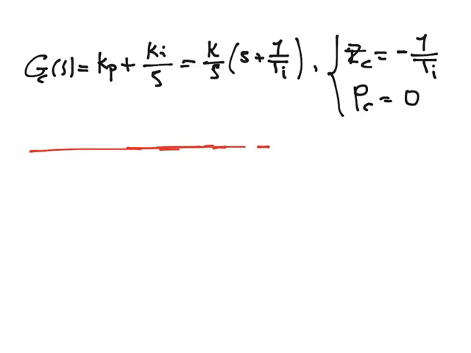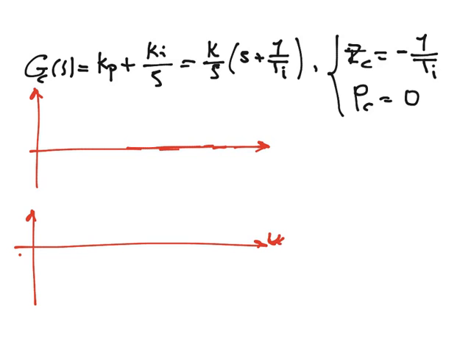If you remember, we already drew the Bode plot for this PI compensator: amplitude, phase, for different values. This is the amplitude graph, and here we have the phase graph.